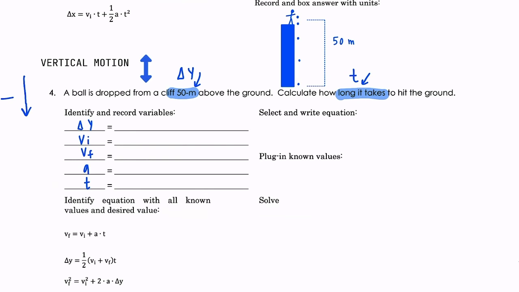So since the ball is being dropped, it's like its initial position was at 50 meters, its final position was 0 meters, and if displacement is final position, yF, minus initial position, yI, it's kind of like 0 minus 50, which is negative 50. So you can think about it that way, or you can just remember the downward direction is negative.